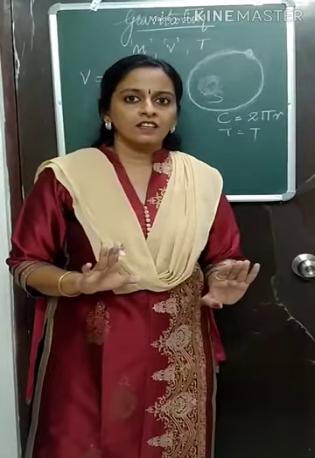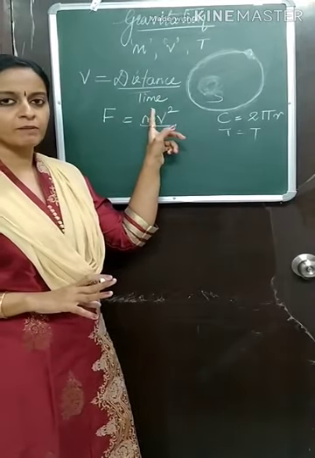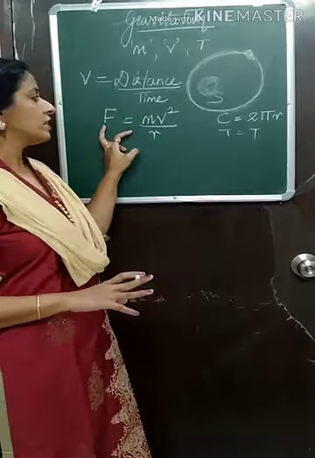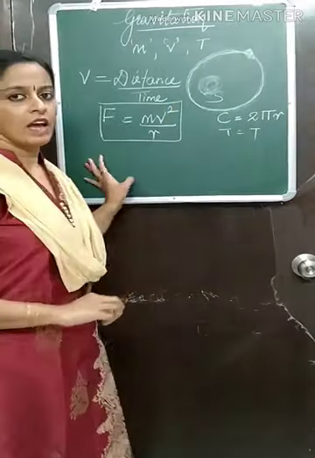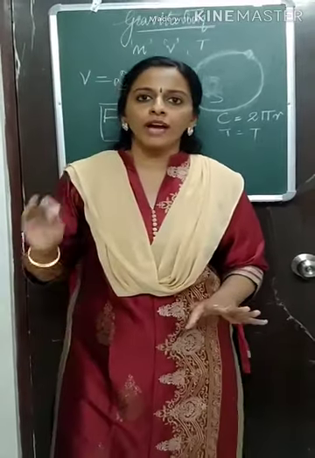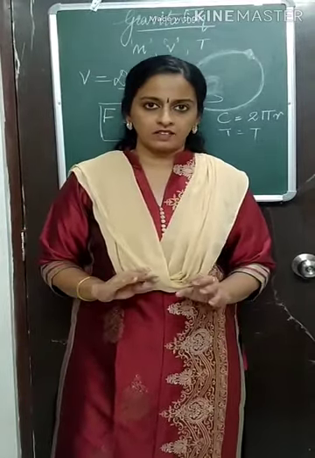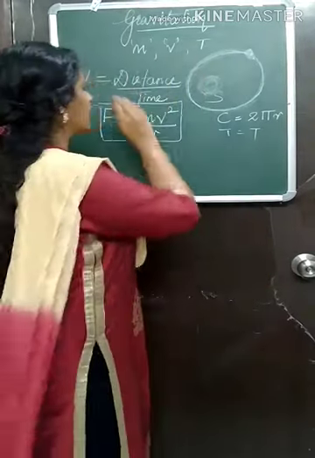Clear till here? Velocity is distance upon time, and centripetal force is F equal to mv square upon r. You have to learn it by heart. I'm taking a pause. Okay, let's continue.